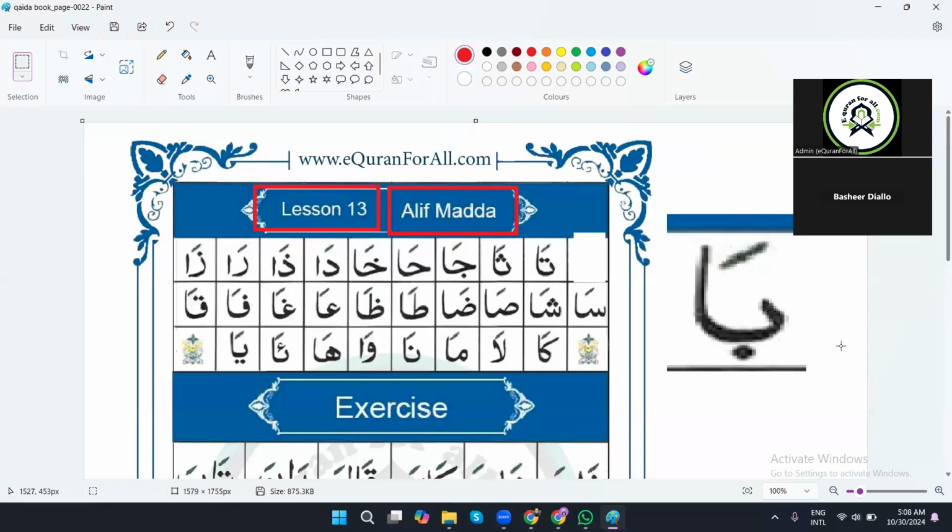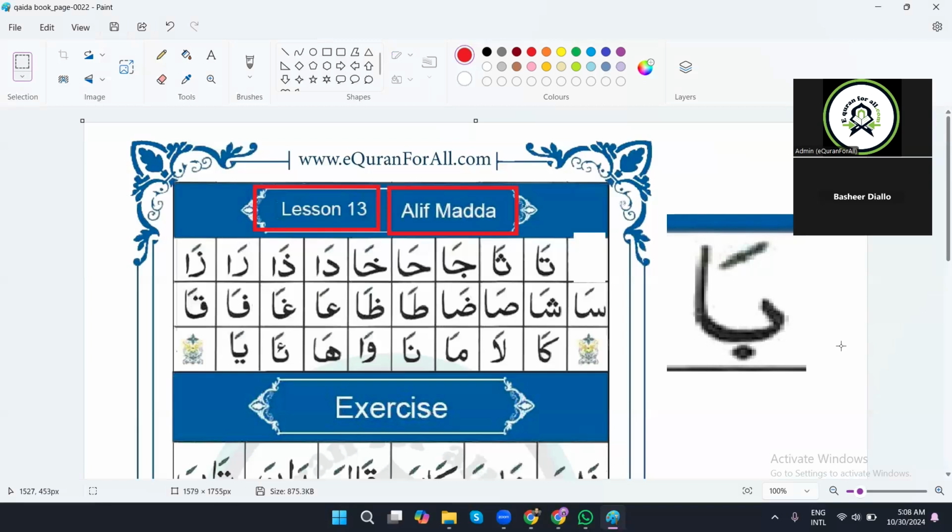Okay, I'm again repeating the definition. In the definition of alif madda, we have two conditions. When both conditions come true, then we will call it alif madda, otherwise not. For example, if the first condition is true but the second one is false, then we won't call it alif madda. We need both conditions true.